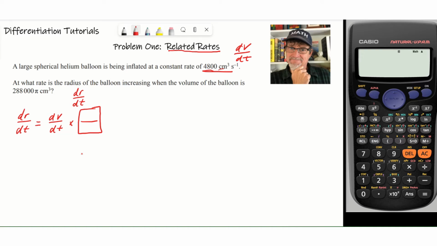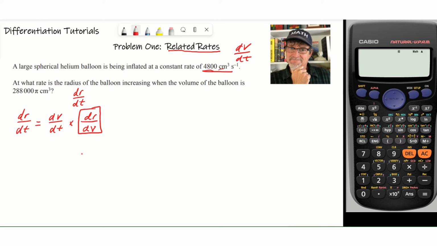And think of this as a ratio. So if I've got dt where I want it in the denominator, but I've got a dV instead of a dr in the numerator, I've got to cancel that dV out by putting it down here. And then what I want in this numerator is dr. So if I take the rate of change of the volume and multiply by the rate of change of the radius with respect to volume, then I'll have my answer.